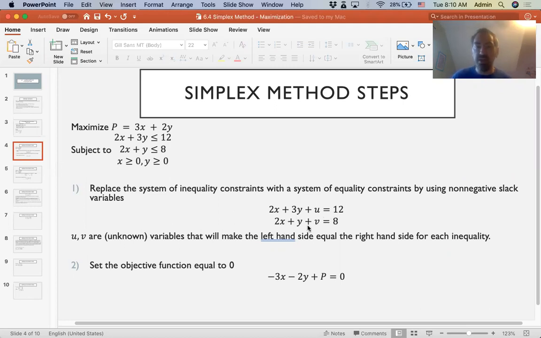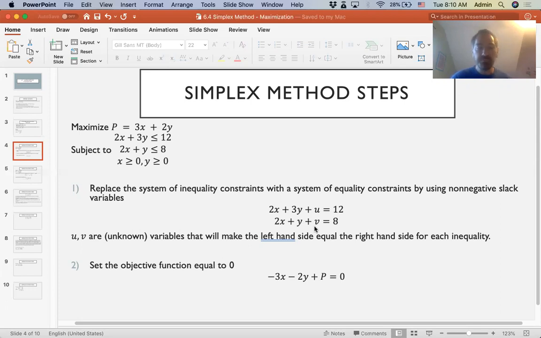And for the second one, I can add v, some unknown slack variable: 2x plus y plus v is equal to 8. Now u and v are not known, and we consider them to be variables, but they are forcing equalities. It's forcing the left-hand side equal to the right-hand side. So that's step one, adding your slack variables.